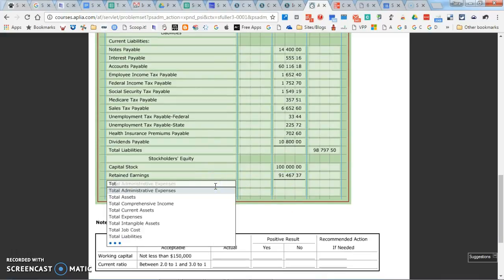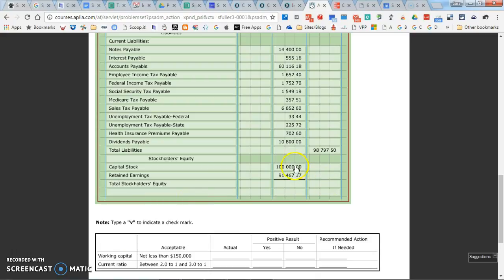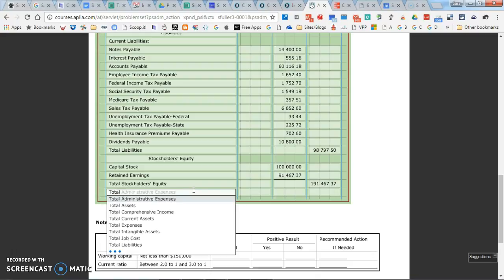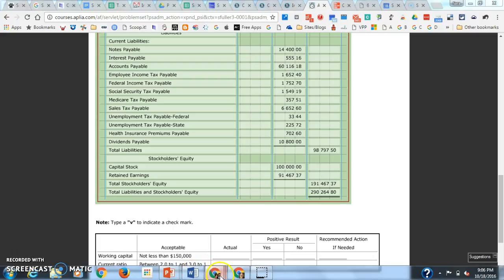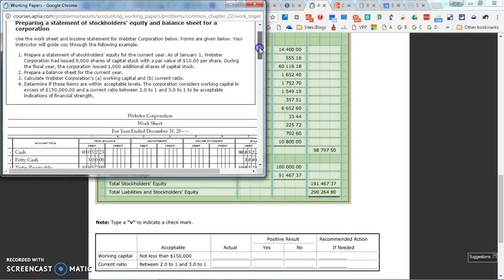And then we have total stockholders' equity. So just adding these two together. Third column, $191,467.37. And then our last line here is total liabilities and stockholders' equity. We're just going to add those two together and get $290,264.80.